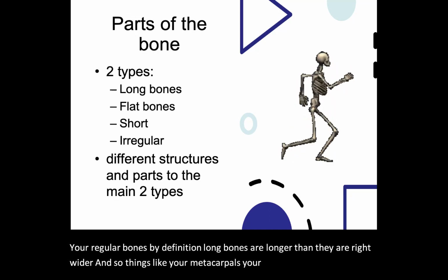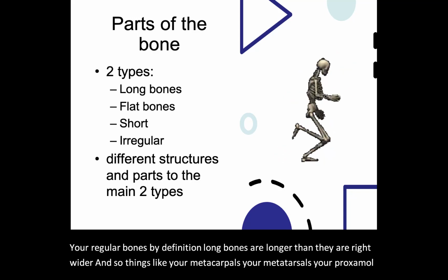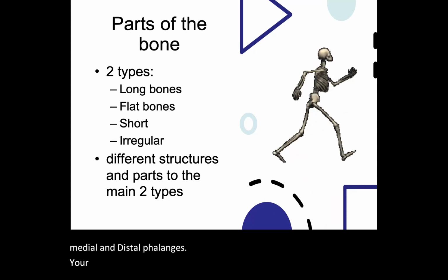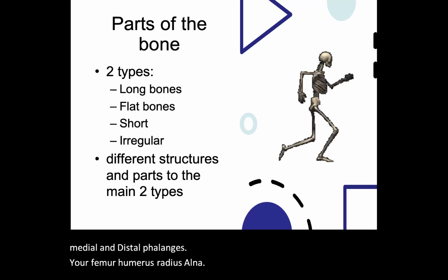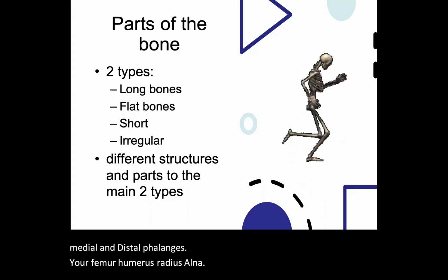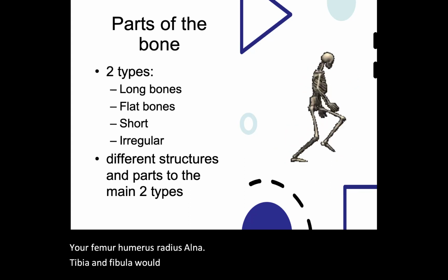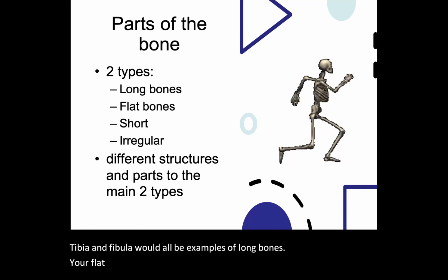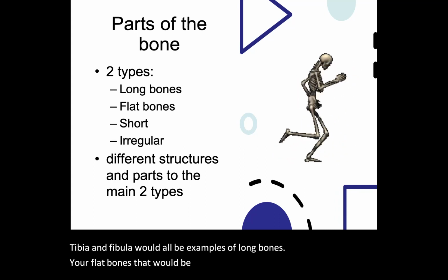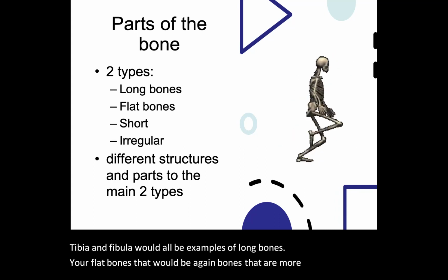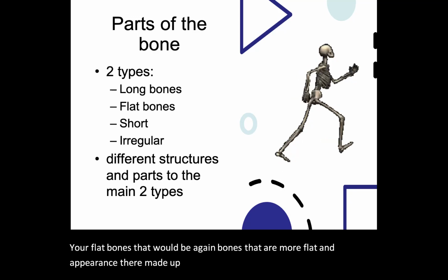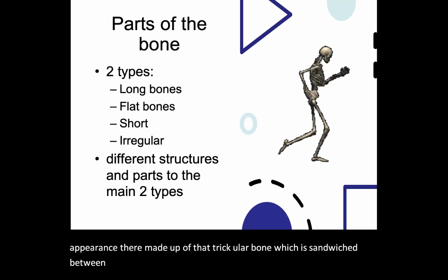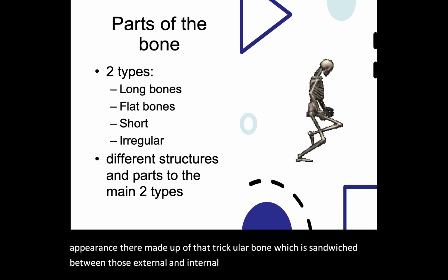and so things like your metacarpals, your metatarsals, your proximal, medial, and distal phalanges, your femur, humerus, radius, ulna, tibia, and fibula would all be examples of long bones. Your flat bones would be, again, bones that are more flat in appearance. They're made up of that trabecular bone, which is sandwiched between those external and internal layers of compact bone.